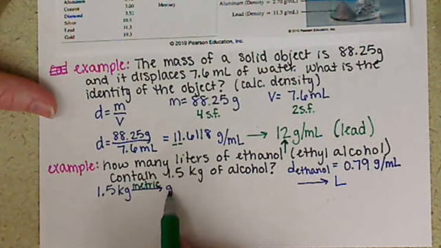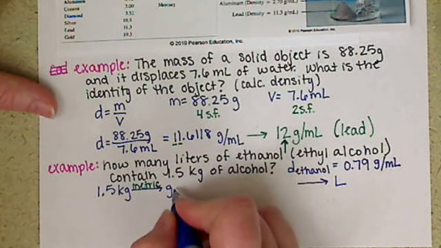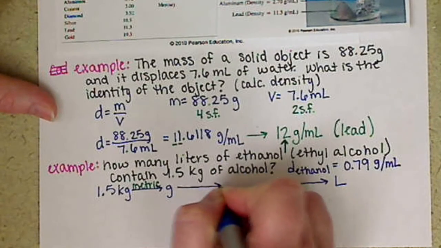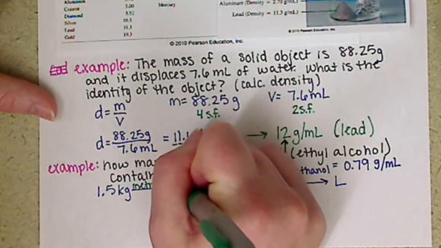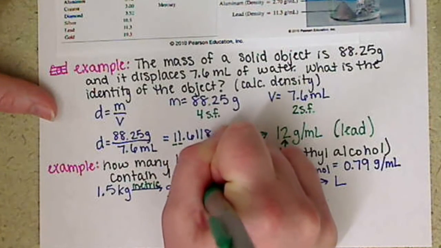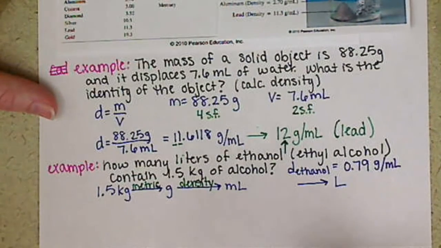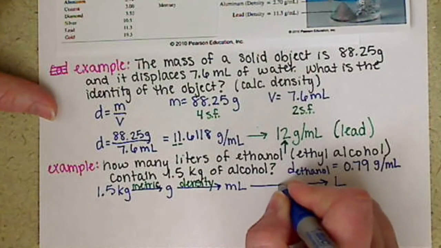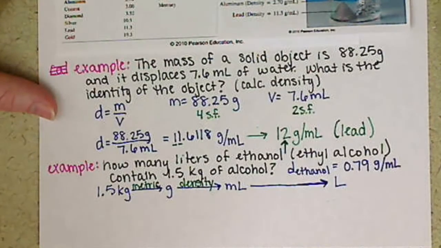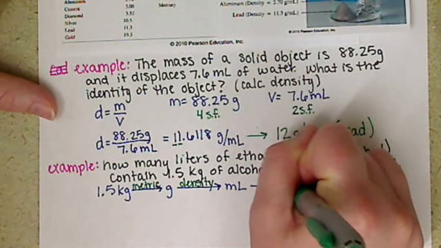Then our new conversion with this section, we're going to go from grams to milliliters, and that's where we're going to use density. And then our final conversion, I'm just going to make my arrow really big here, is again another metric conversion.